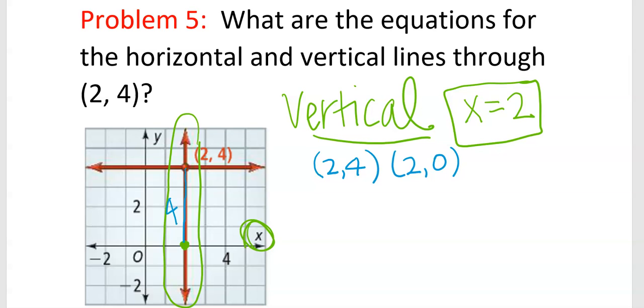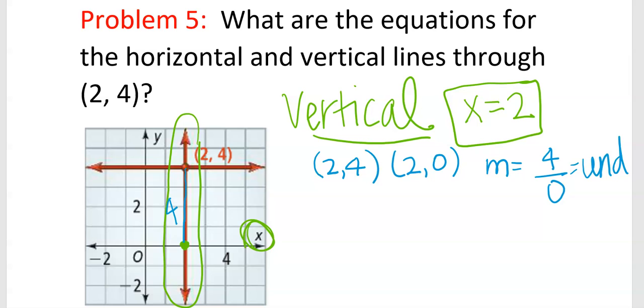Is that the rise or the run? The vertical part. Right. Rise. So my slope is 4 for the rise. What's the run when it doesn't go anywhere? 0. Can I have a slope like that? Yeah, it's an undefined slope. That's an undefined slope.